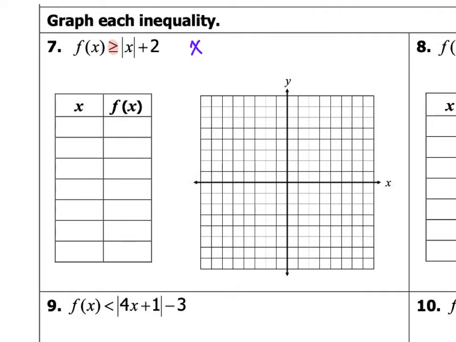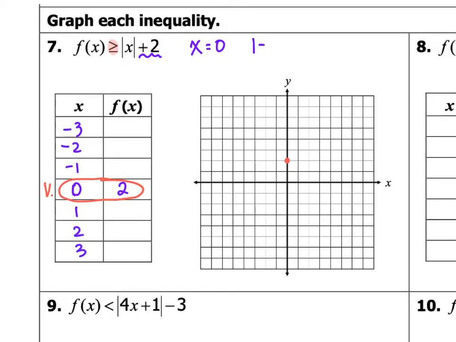What's inside of the absolute value symbol? Just x itself, so it was easy to find. When x is 0, the y value is positive 2. So we found the vertex right here, (0, 2). And let's find the rest of the points.